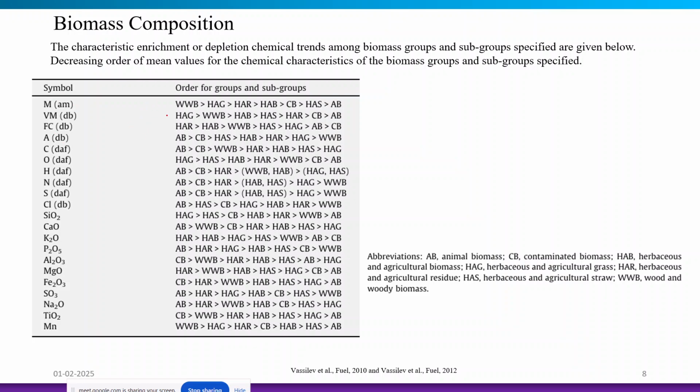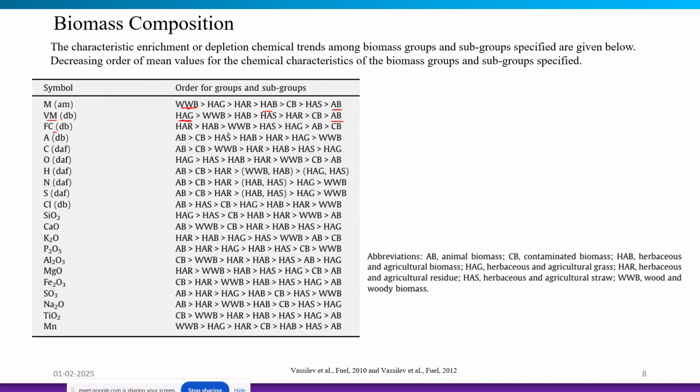In this table, you can see that moisture content is higher in woody biomass, and low and mostly negligible in animal biomass in comparison to woody biomass. In between come herbaceous and agricultural biomass. But when you are talking about volatile matter, it is higher in herbaceous or agricultural grasses. Obviously, in the animal biomass, the volatile matter is considerably lesser.